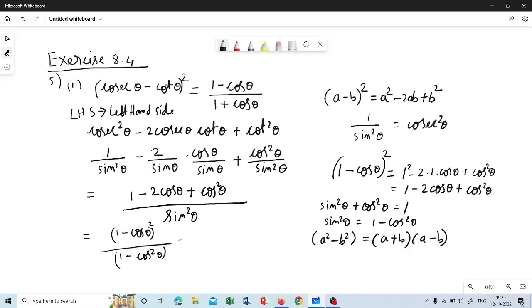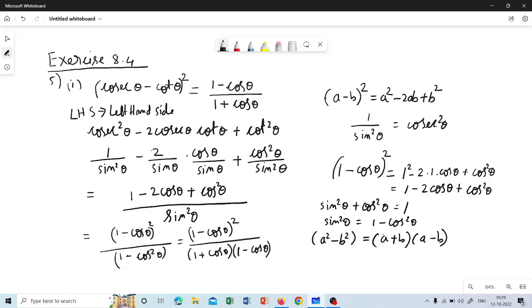It will become (1 minus cos theta) whole square, remember, this is the whole square, and in the denominator I can write it as (1 plus cos theta) into (1 minus cos theta).